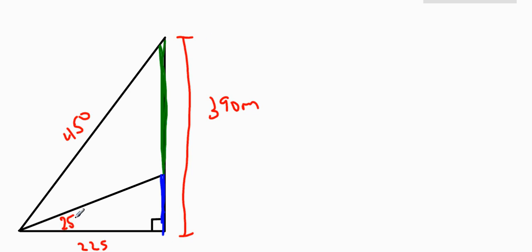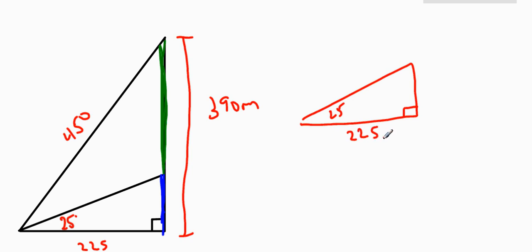This is 25 degrees. This little triangle down here is a lovely right-angled triangle. And in a right-angled triangle, I get to use trigonometry. So the fact that I found that this side length was 225 meters means I can now find this blue distance. So now if that's theta, hypotenuse, opposite, and adjacent, I have adjacent, I want opposite, so I'm going to use tan.